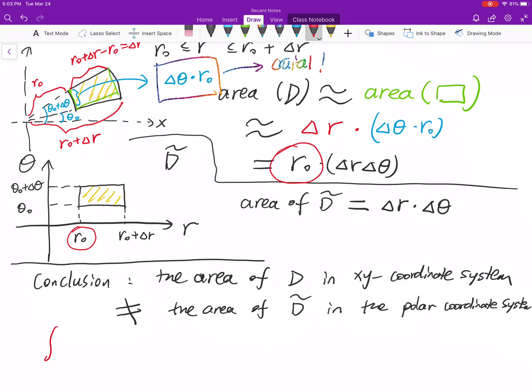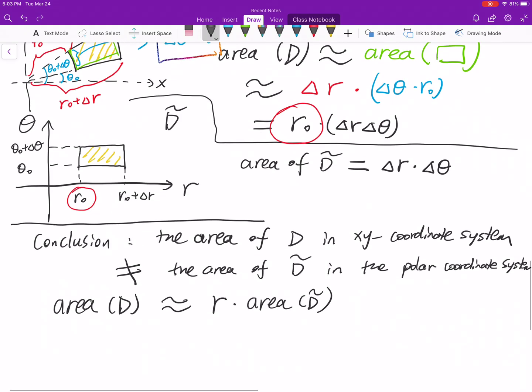Then we might write it as follows: the area of D is approximately R times the area of D theta.